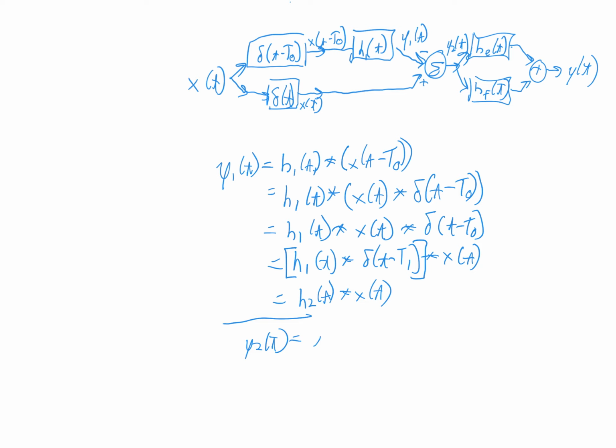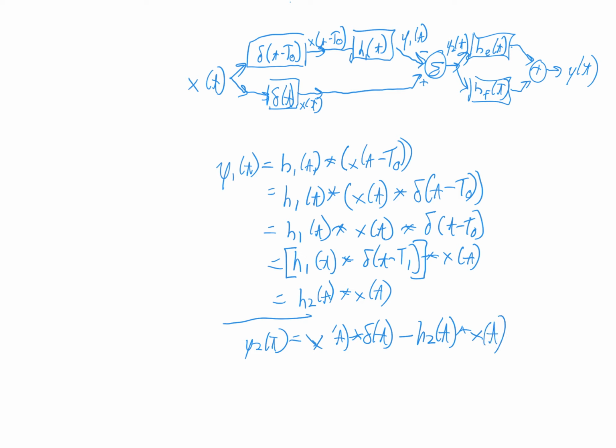So it's x1 of t on the bottom convolved with delta of t, minus the top one, which is h2 of t convolved with x of t. I wrote x1 there, but it's just x. So that is just x, and this is x of t.